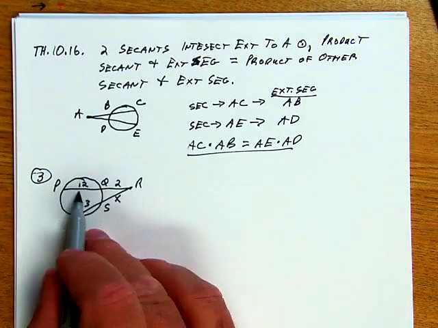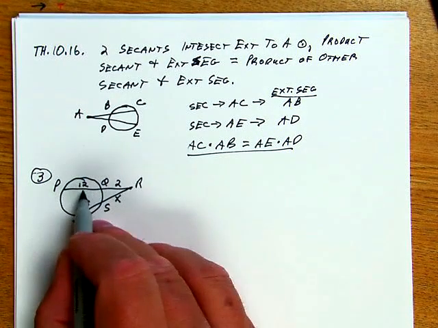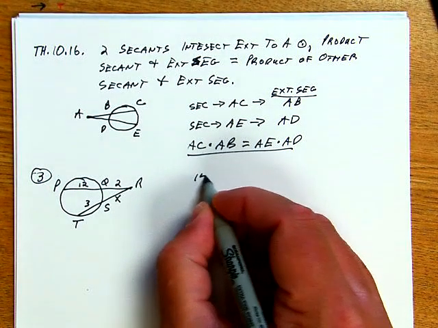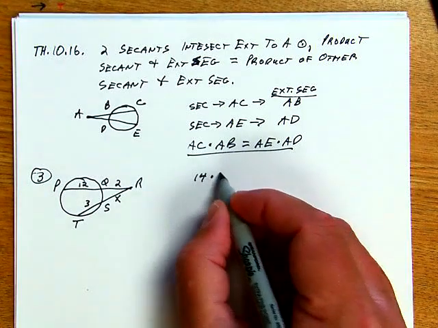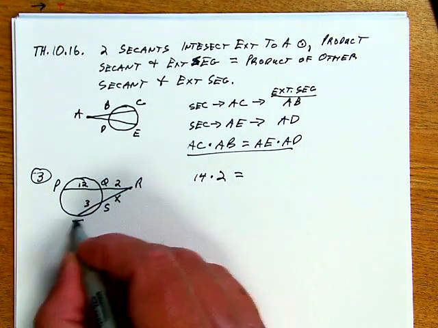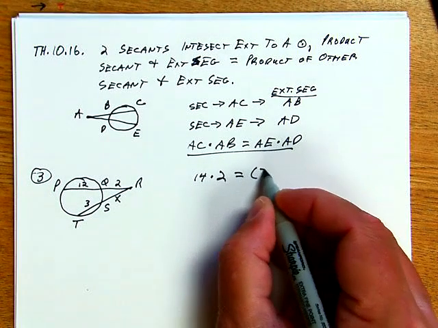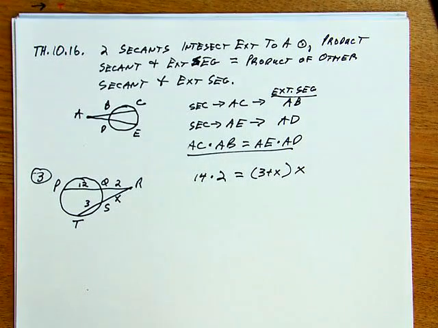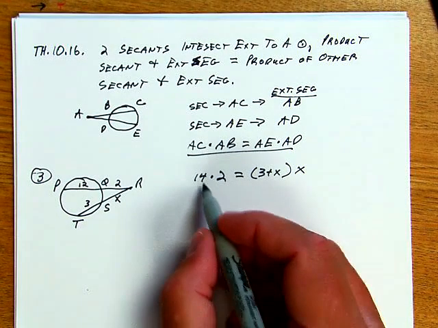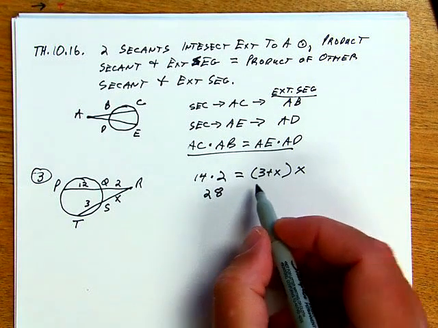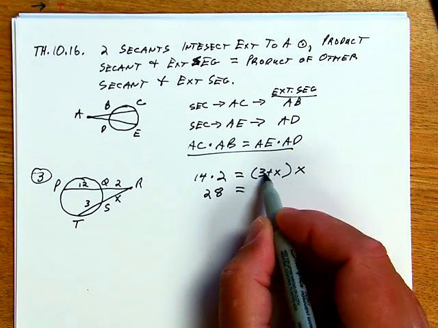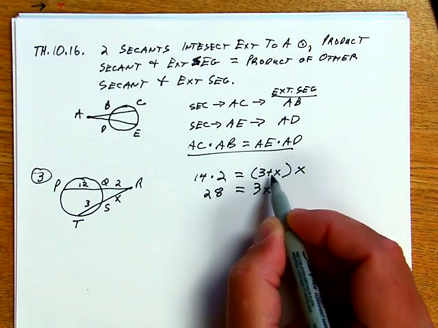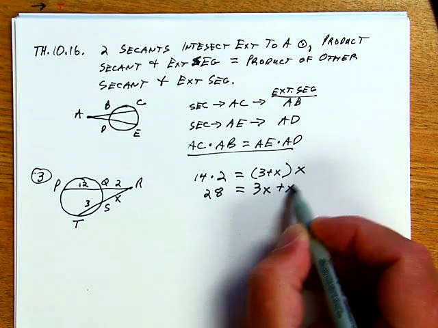So now we can multiply the parts. The whole is 14 times the exterior is 2 equals the whole, which is 3 plus x, times the exterior, which is x. Okay? So we multiply that out, we get 28 is equal to 3 times x is 3x, and x times x is x squared.